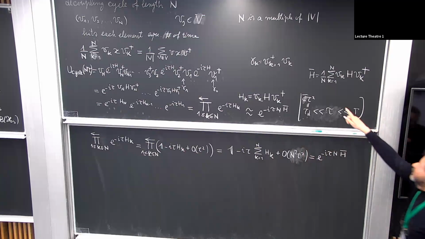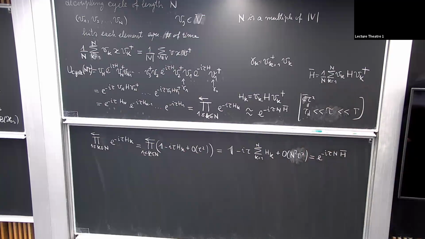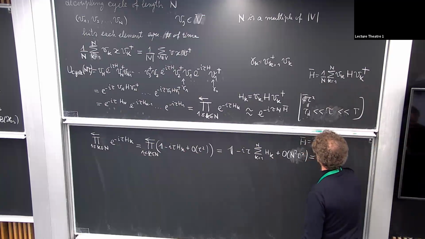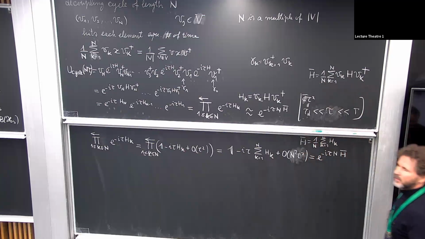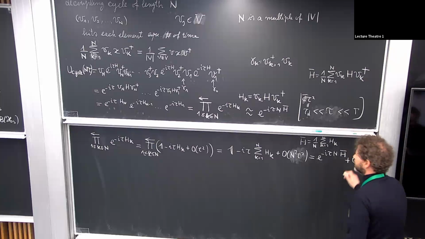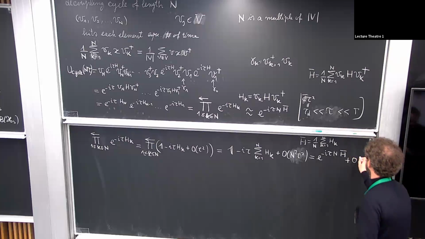H bar, I recall you, is just the average. Okay, h bar, let me write it here. It's just 1 over n, the sum of h_k, plus order n squared.